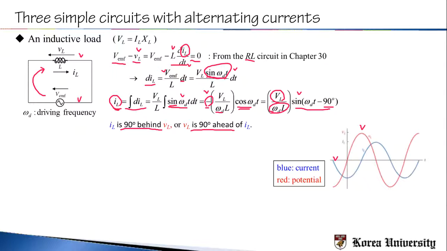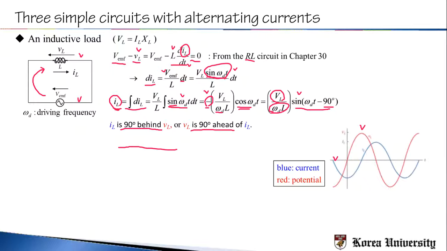I think on the previous page I said the resistor, but I meant the resistance. This is not exactly a resistance, but it appears like a resistance when you have the inductor and the alternating current source. So we call it inductive reactance, and this quantity is XL, which I forgot to write.